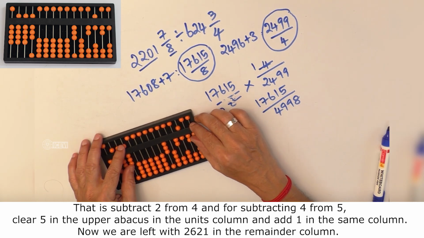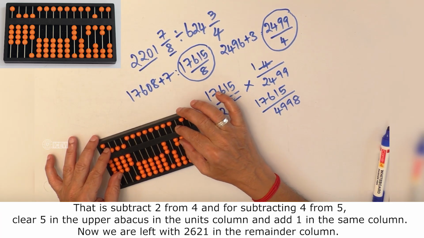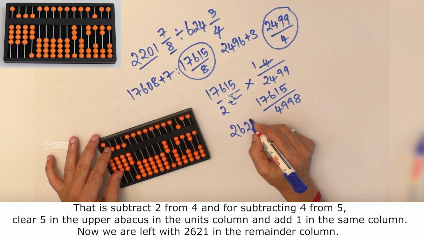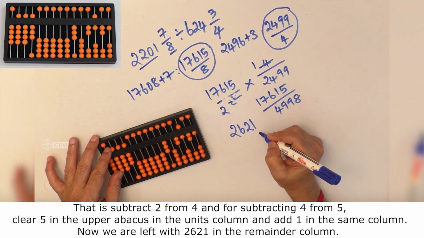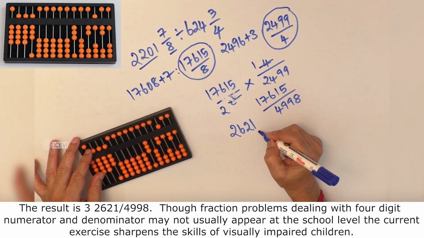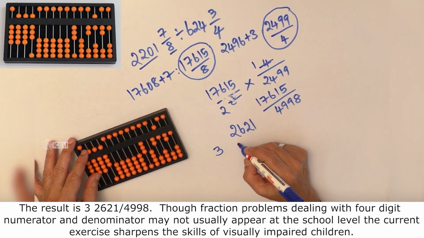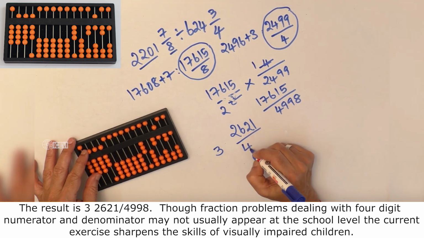Now we are left with 2,621 in the remainder column. The result is 2,621 divided by 4,998.